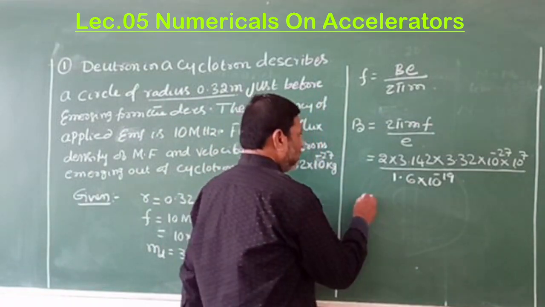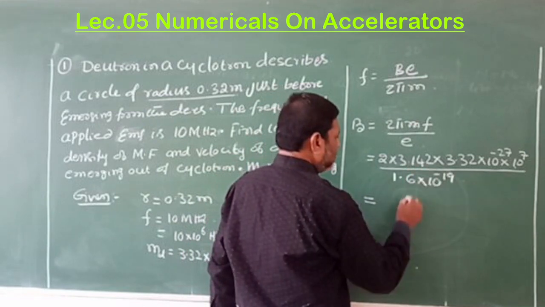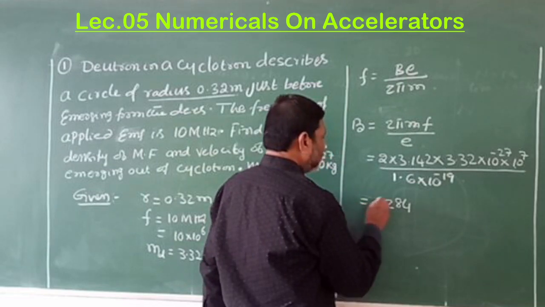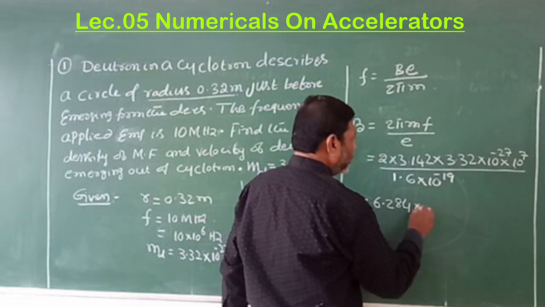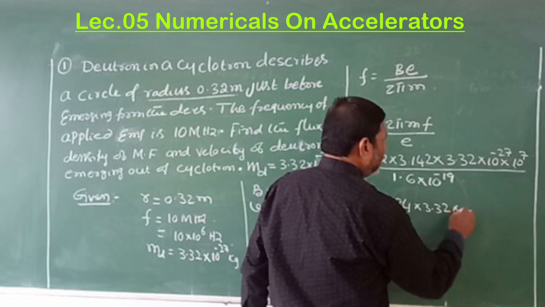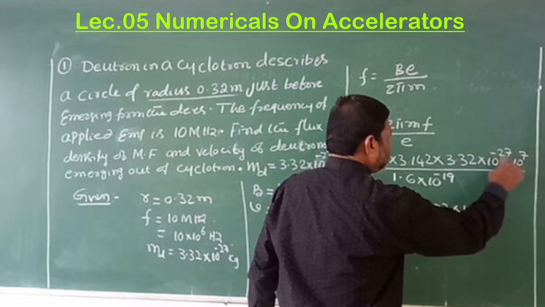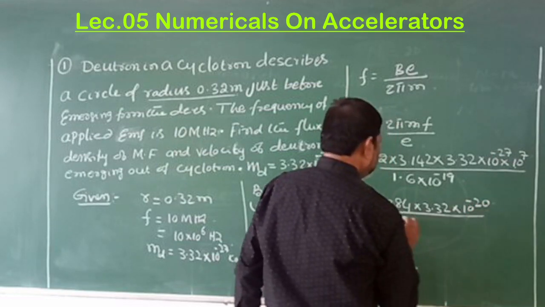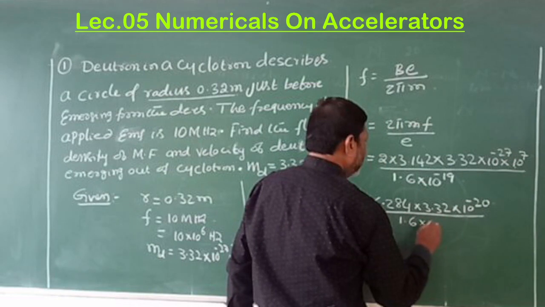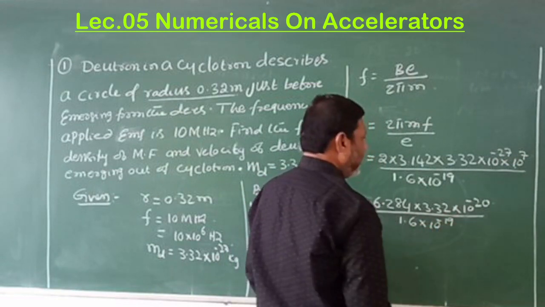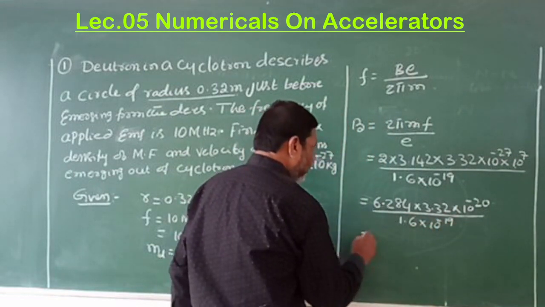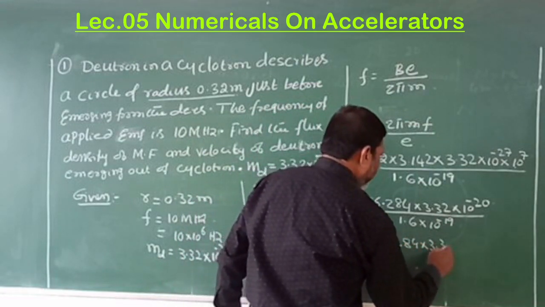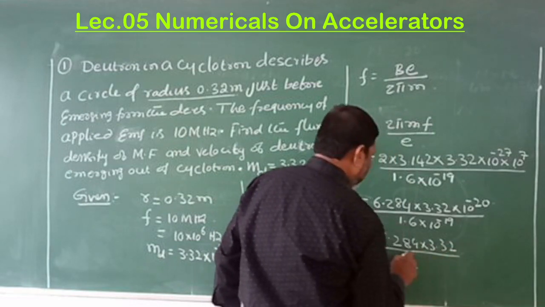Now, when you multiply it, you will get 6.284. Then 6.284 into 3.32, and here minus 27 plus 7 is minus 20, divided by 1.6 into 10 raised to minus 19. So this is equal to 6.284 into 3.32 divided by 1.6.